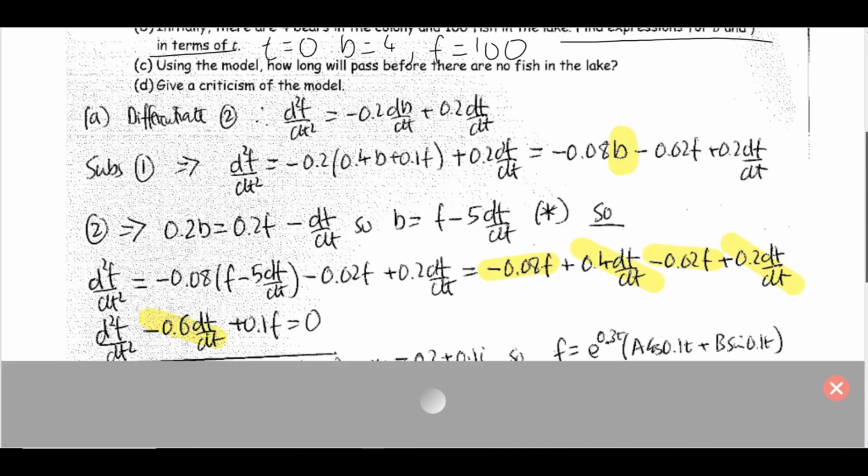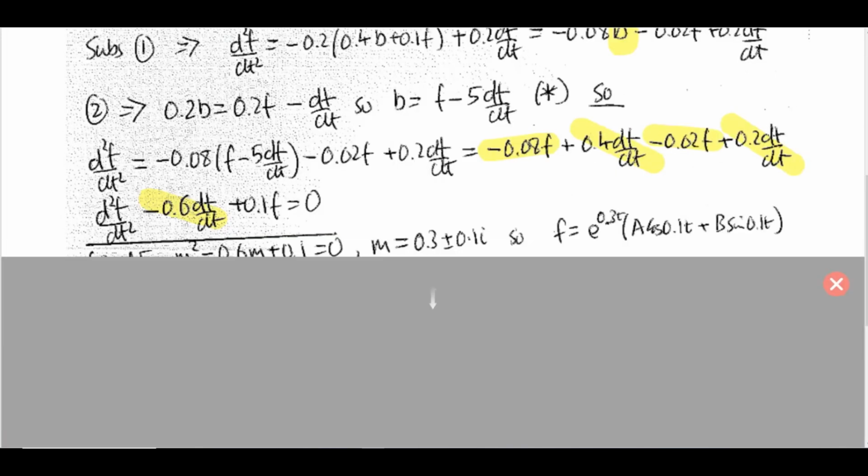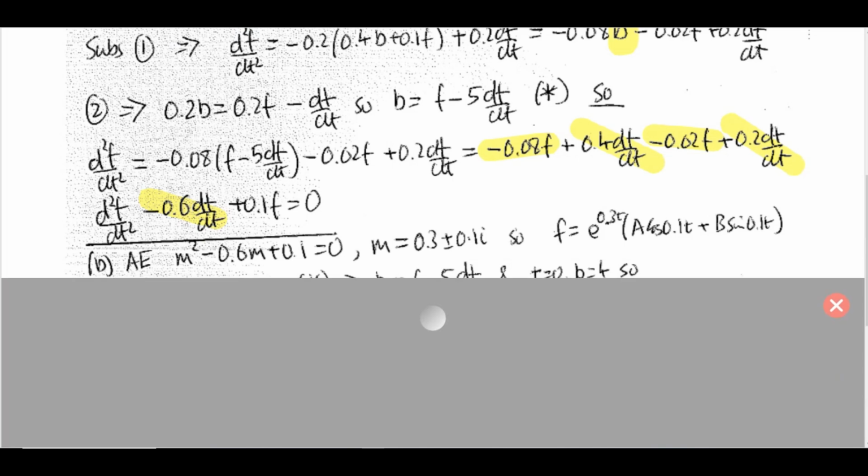So first of all, we're going to find the number of fish by solving this differential equation. The auxiliary equation for this differential equation is m squared minus 0.6m plus 0.1 is 0. If you solve that on your calculator, it turns out to have complex solutions of the form p plus or minus qi.